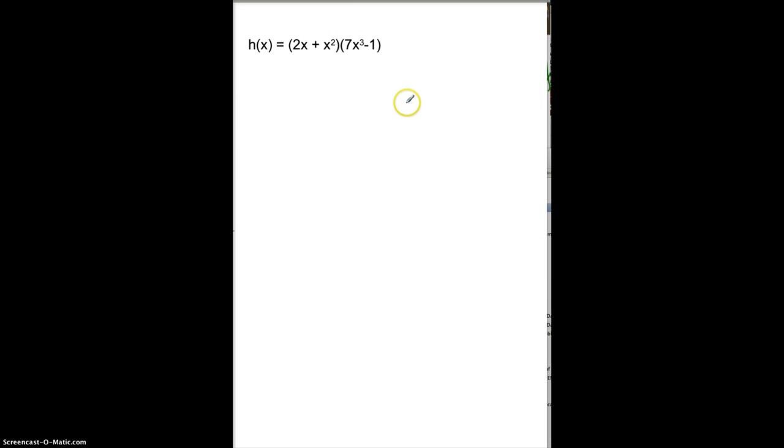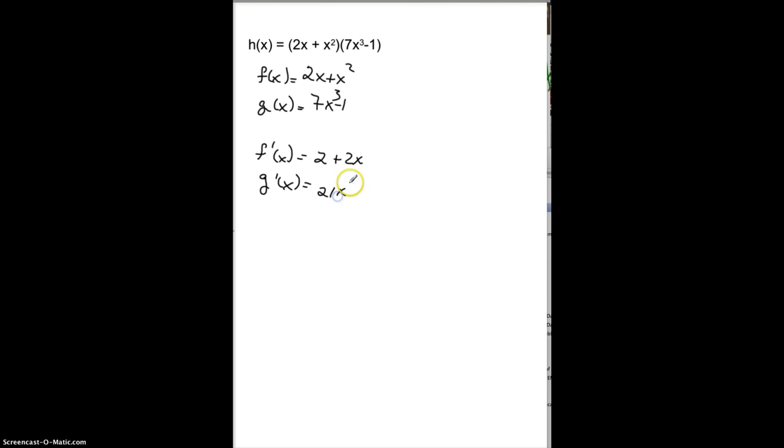Now let's do the same problem we did before. All right, we're going to let f of x equal 2x plus x squared, and g of x equals 7x cubed minus 1. So f prime of x is 2 plus 2x. g prime of x is 21x squared. Did I do that right? All right.